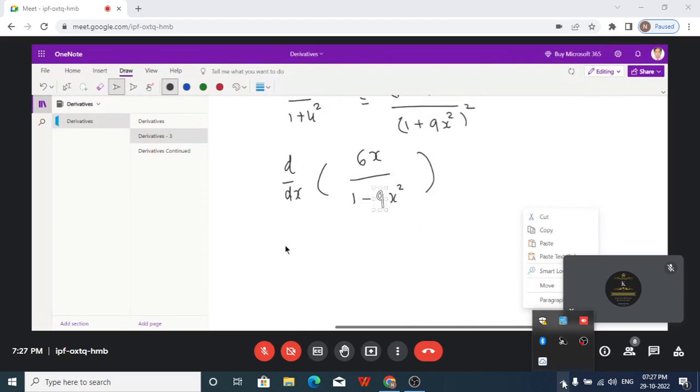So what will this be? This is like u by v. So what is the formula? v square in the denominator. Next, here we put v first, into du, divided by dx. So this is v into du.